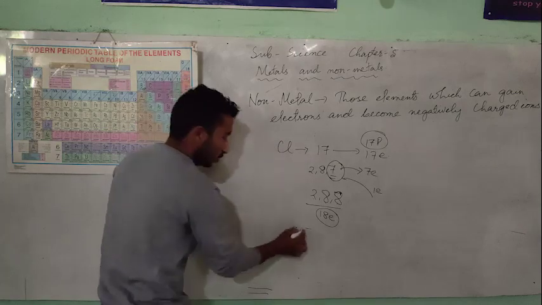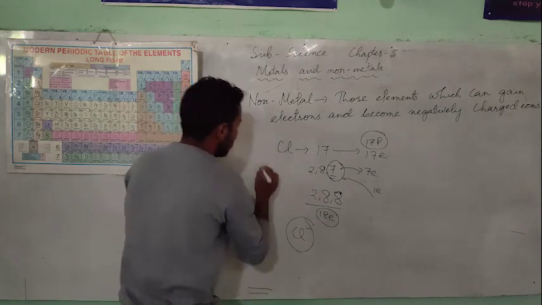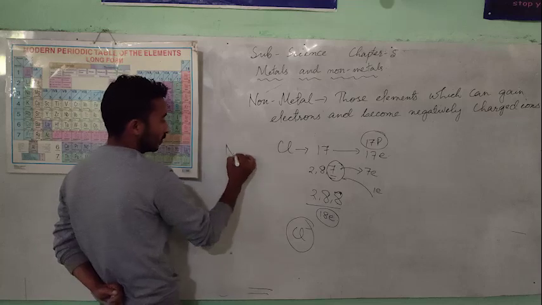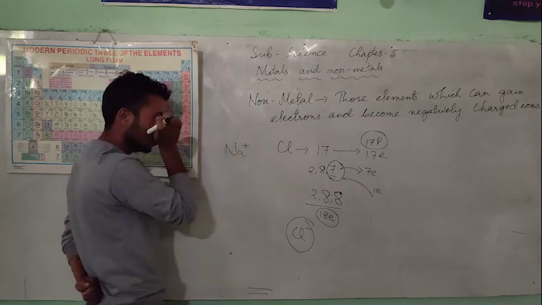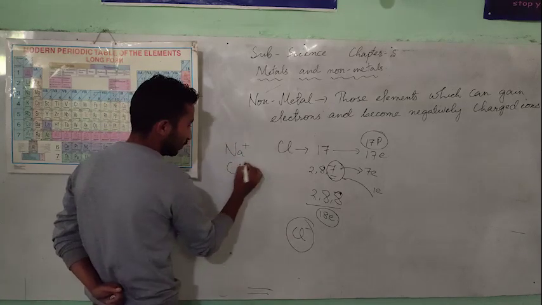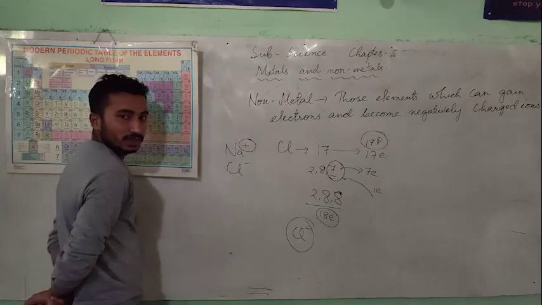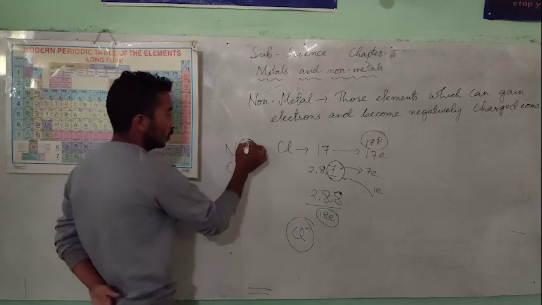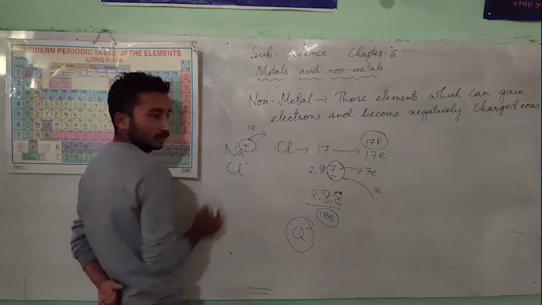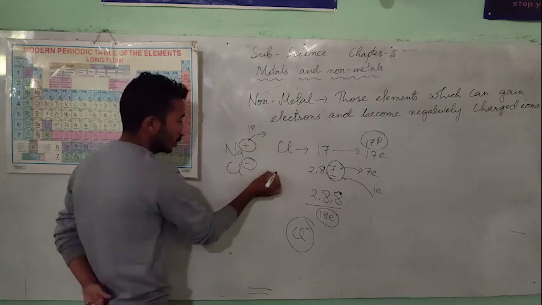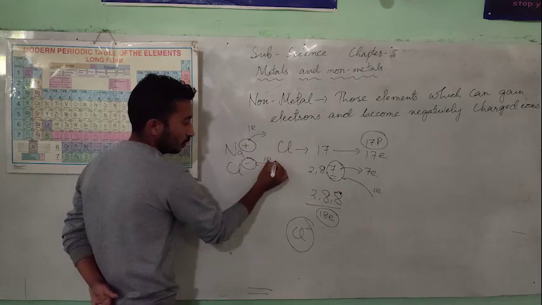This type of element is called a non-metal. One important thing is that for sodium we write 1 positive, and for chlorine 1 negative. The 1 positive sign means sodium has lost 1 electron, and the 1 negative sign means chlorine has gained 1 electron.